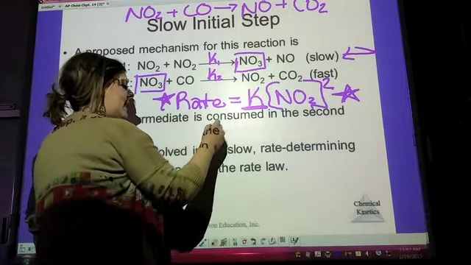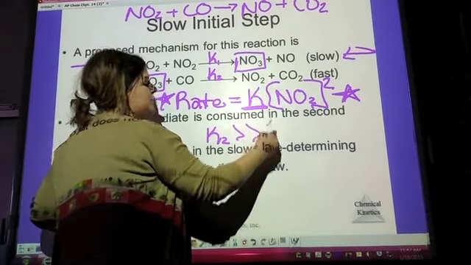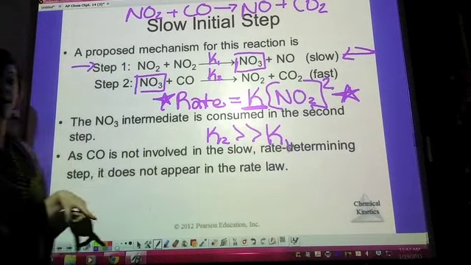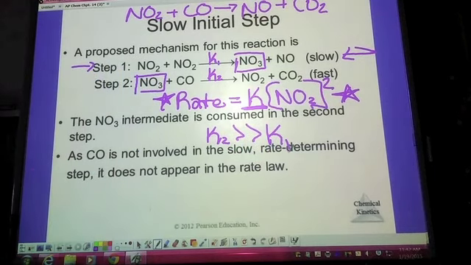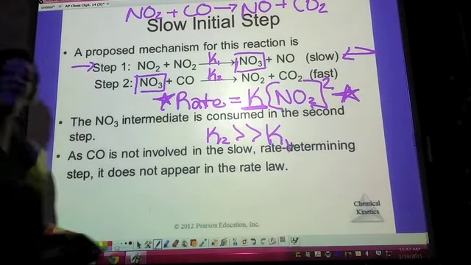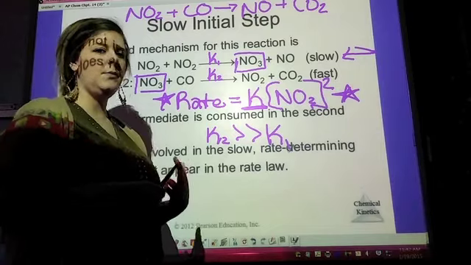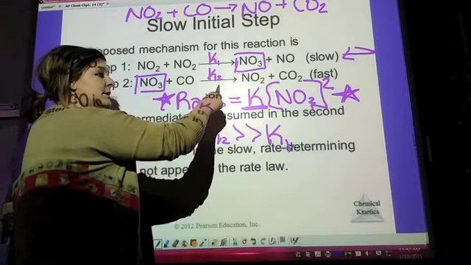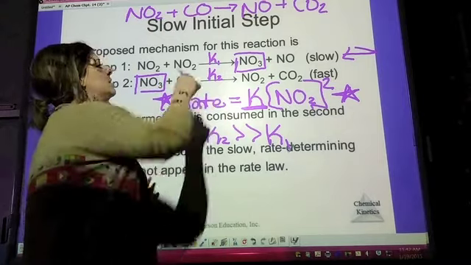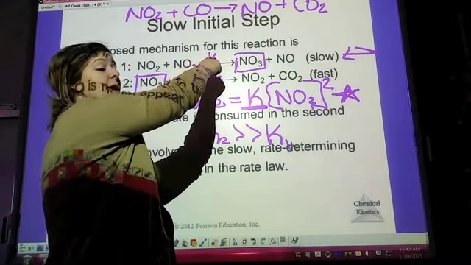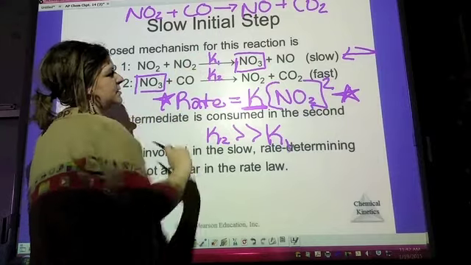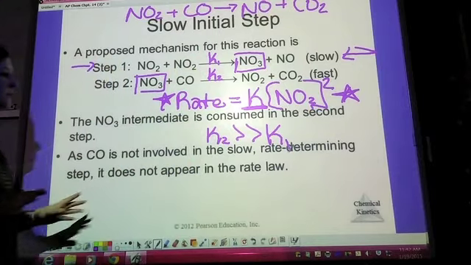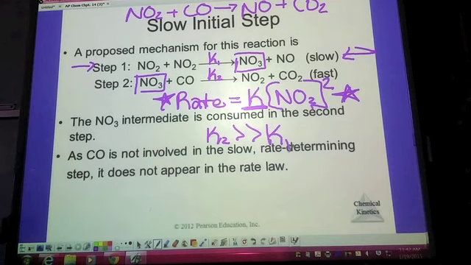If this is the fast step, then K2 has to be magnitudes greater than K1. So that could be another way that we could figure out what would be the slow step versus what would be the fast step. If the rate constant for that second step is higher than the K1, then that means this one has to be my fast step. So that's another little trick for us to know which is the slow and which is the fast step.